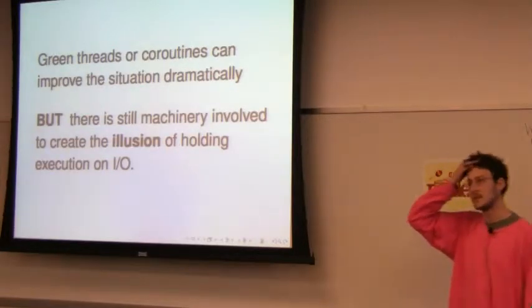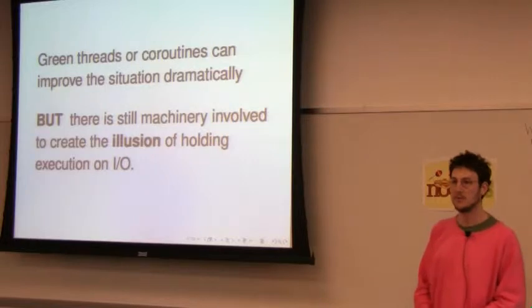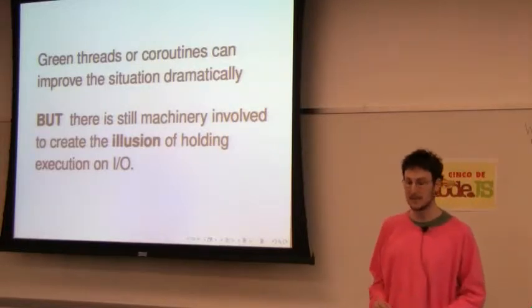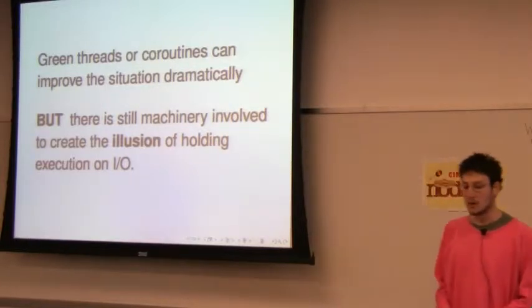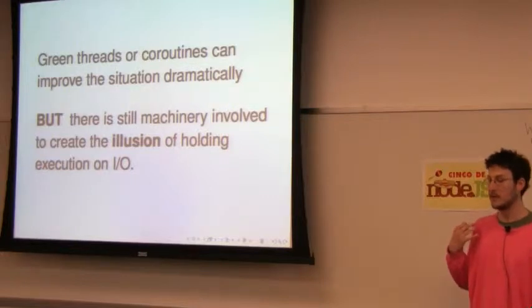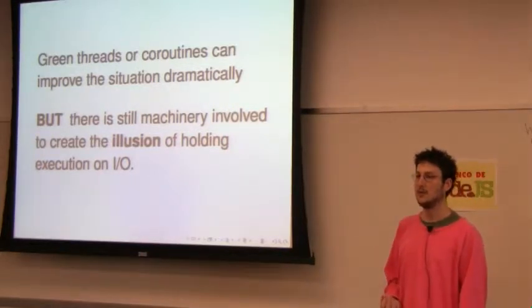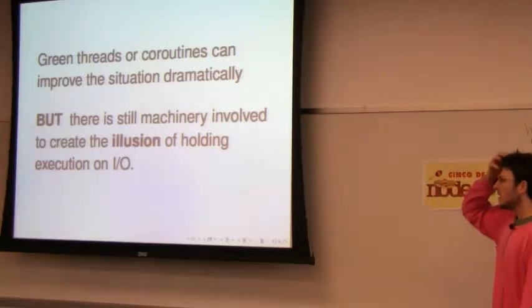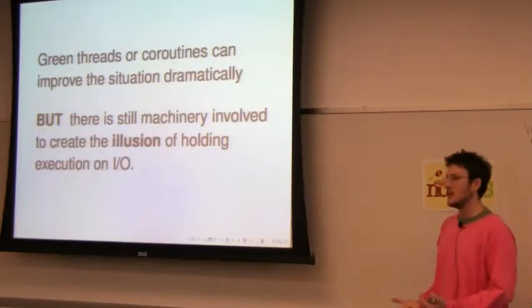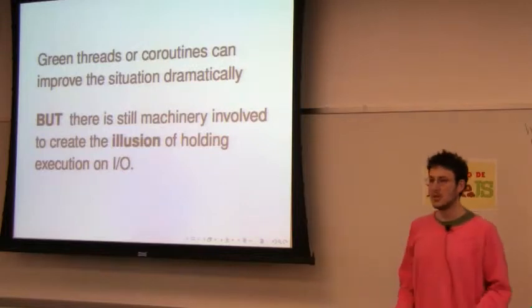The situation changes very much if you talk about a green thread system or coroutines. What I said before only applied to OS threads. But even with green threads, there's still machinery involved.